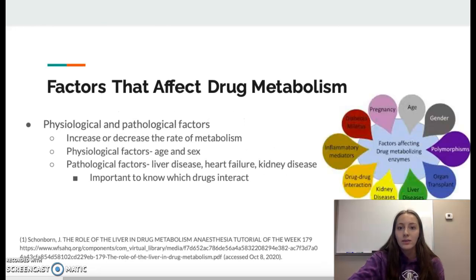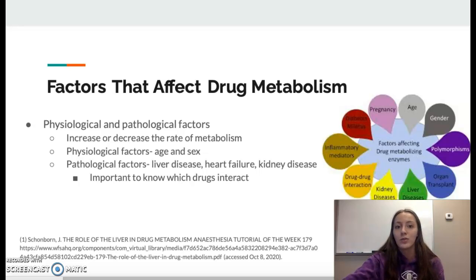So the factors that affect drug metabolism are physiological and pathological factors, and these can either increase or decrease the rate of metabolism. The physiological factors can include age, sex, or if the individual is pregnant. An example of this would be the fact that drugs are metabolized more slowly in elders.